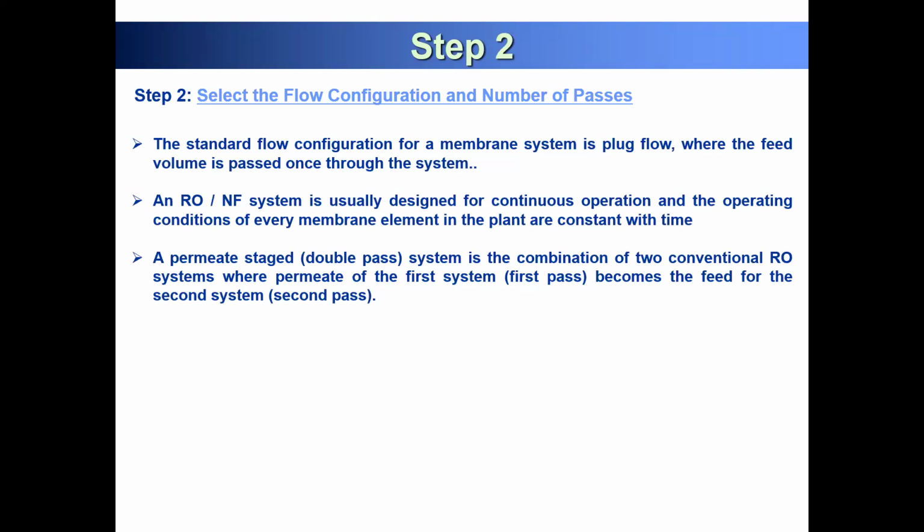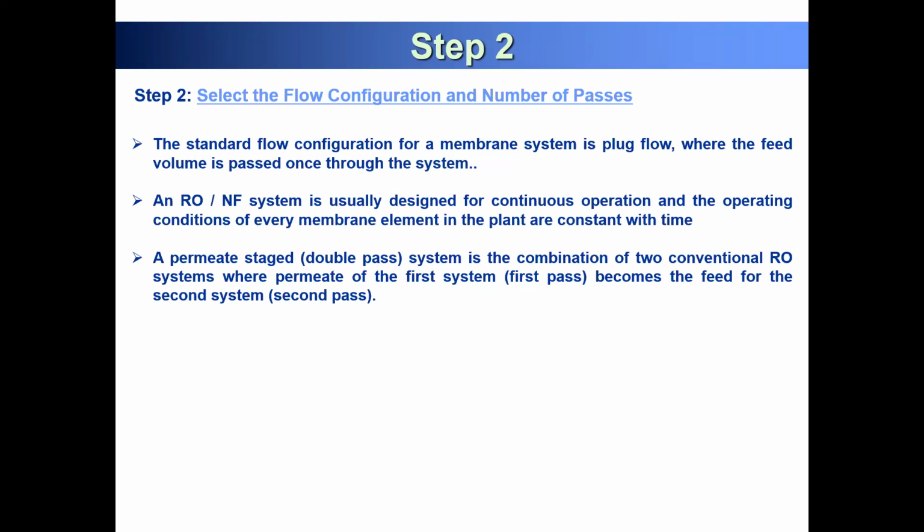A permeate staged, double pass system is the combination of two conventional RO systems, where the permeate of the first system, the first pass, becomes the feed water of the second system. When you have a specific contaminant like boron, as in your assignment where you can see some of the boron removal, you can have a high concentration after the first pass.